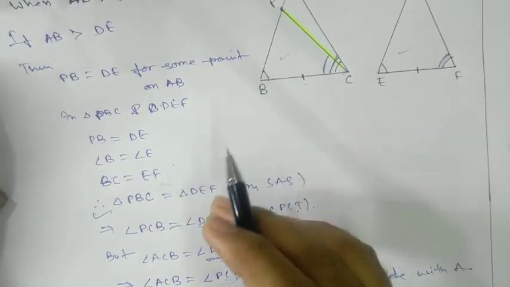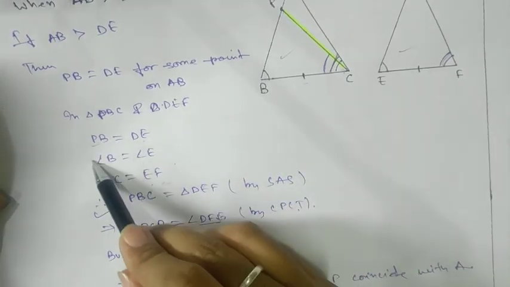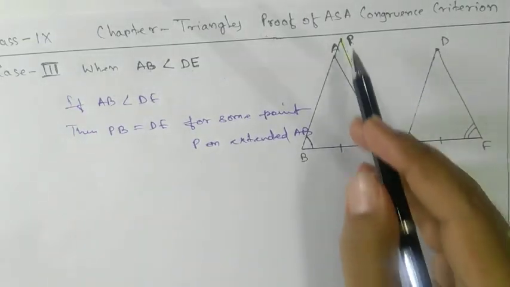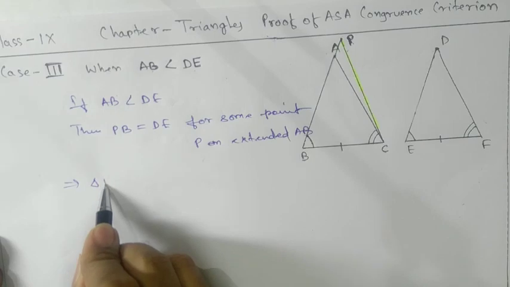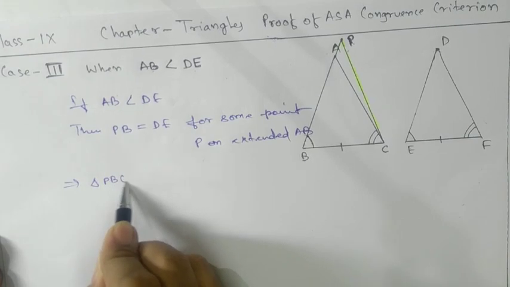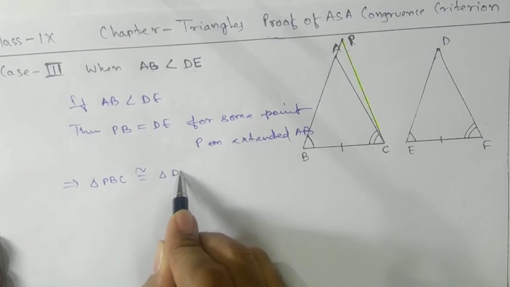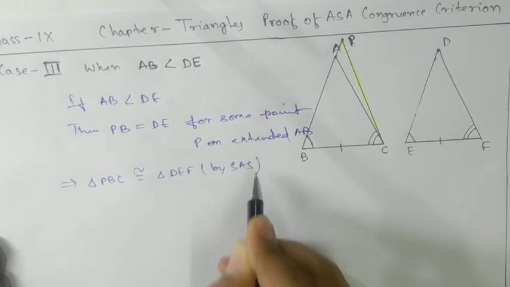Then go back to the second case, same rule. PB equals DE, that will give you this result. So directly you can write, this implies triangle PBC is congruent to triangle DEF by SAS.